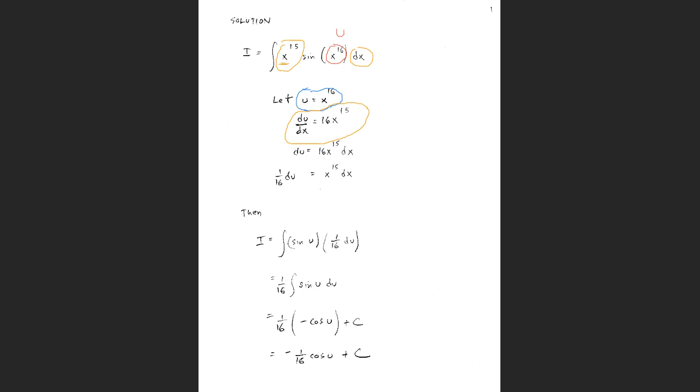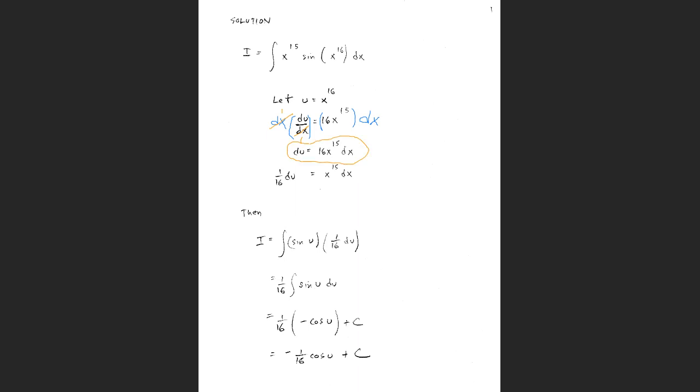Well, first of all, if du dx equals 16 times x to the 15th, then if I multiply both sides of this equation by dx, the dx's simplify out, and I have du equals 16 times x to the 15th dx.